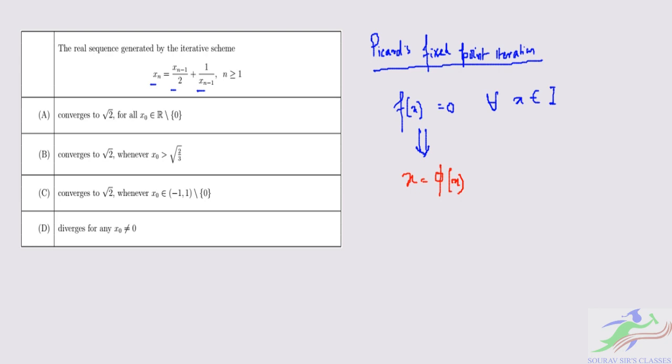This sequence will converge only if the mod of phi prime x is less than 1 for all x belonging to this interval I.